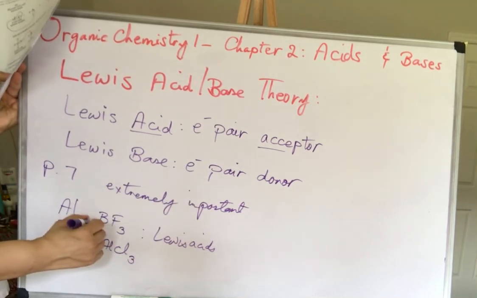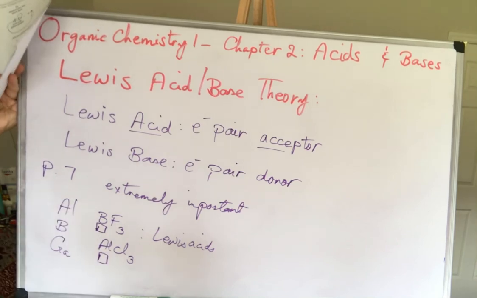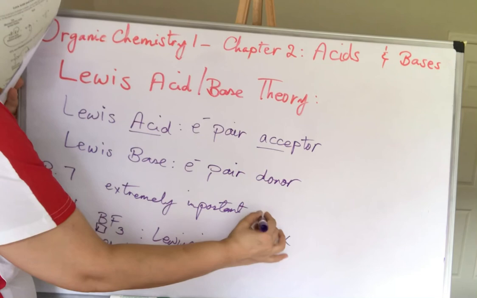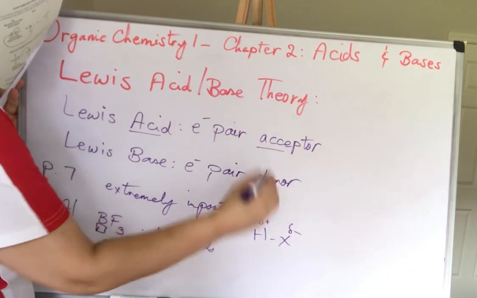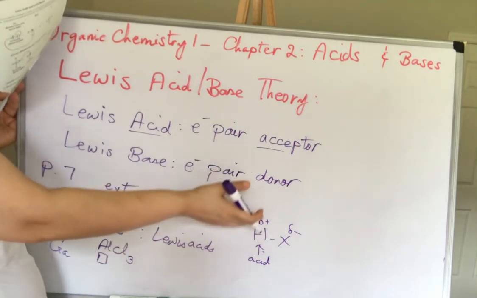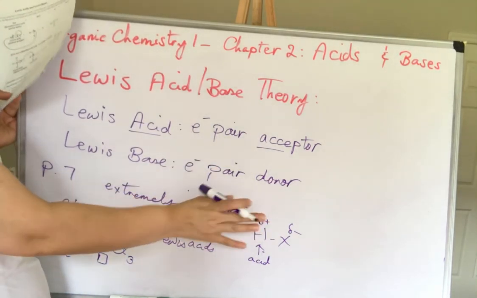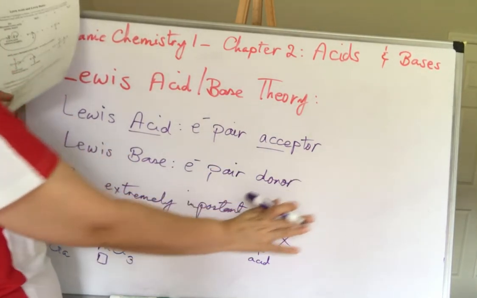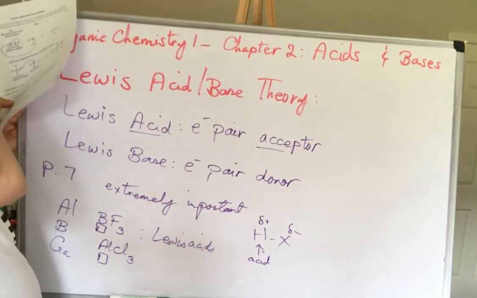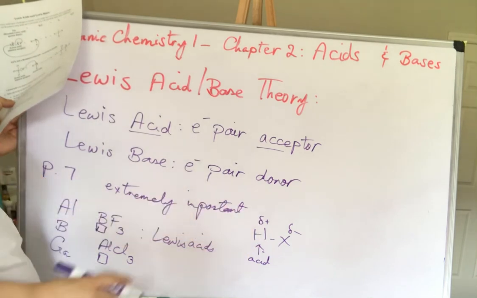They have vacant orbitals. Or hydrogen in a polar bond, like HX, where this side is positive and this is negative. This side is acidic because it's partially positive, meaning the electrons are stripped off hydrogen by the halogen, and it gives the chance to hydrogen to accept electrons.